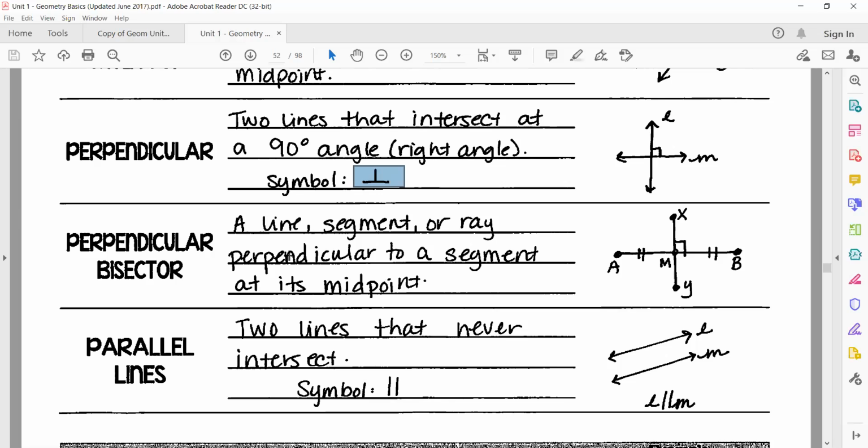I don't even think these next two are on your handout, but they should be. Perpendicular bisector is another one of these that is cutting stuff in half. Here's an example of where the two tick marks are being used, like I was talking about a minute ago. So I know that AM is congruent to MB, and all of those angles around it are 90 degrees.